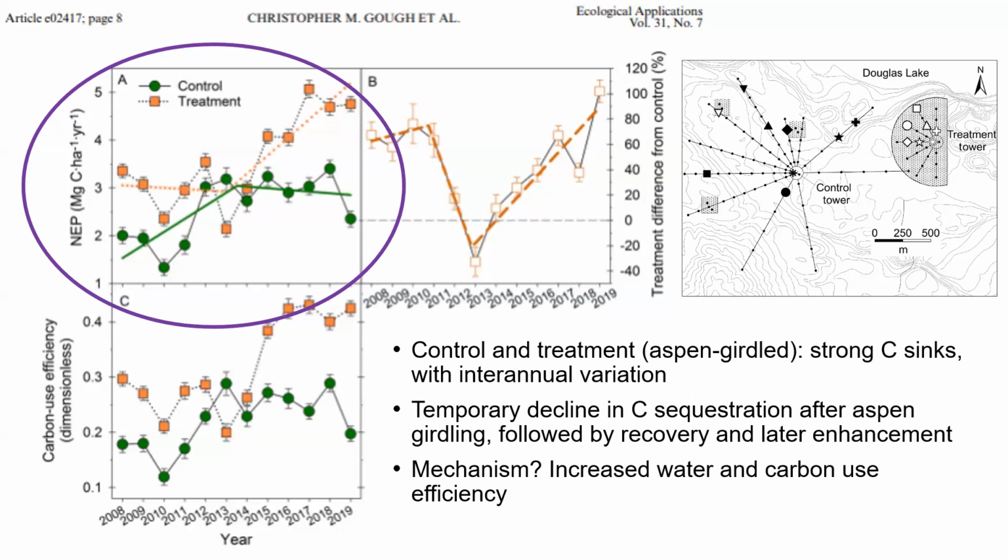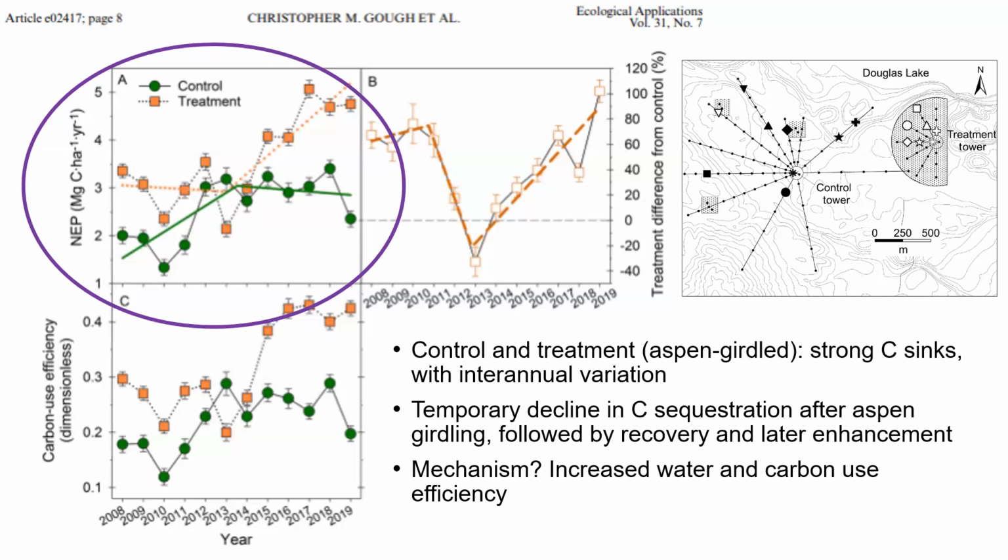The thing that I'd like to point out is the degree of interannual variation present in both the control and the treatment stand. But also looking at that treatment stand, which started with a basically parallel but higher level of carbon sequestration.